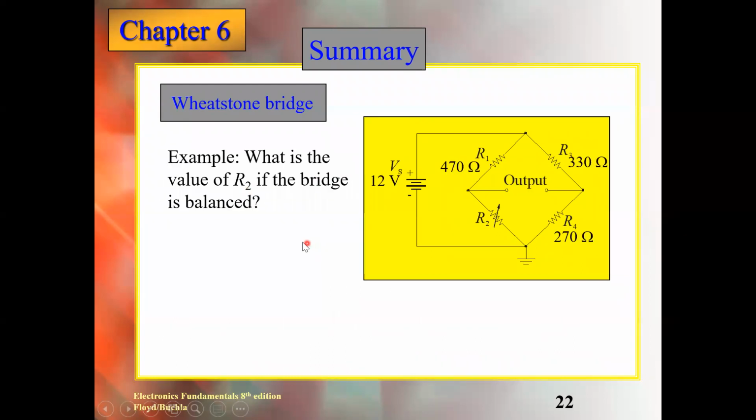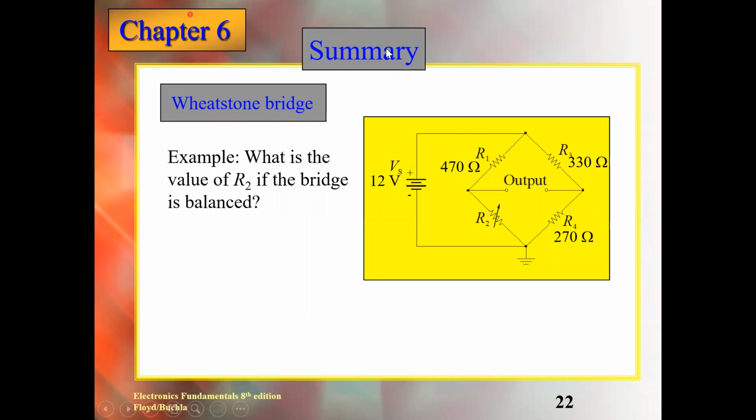So see the question now. What is the value of R2 if the bridge is balanced? It is given that the bridge is balanced, so the rule which we just checked is applicable now. What is the rule? Do you remember?